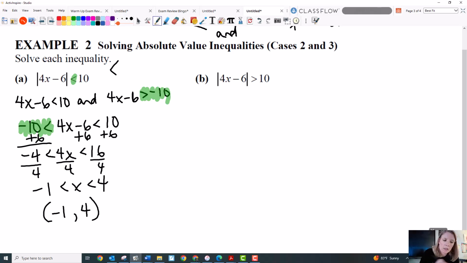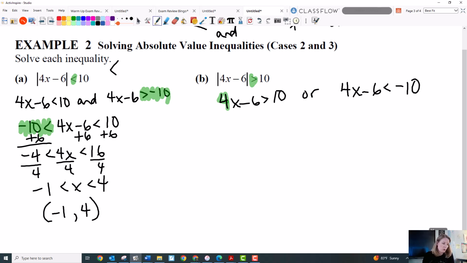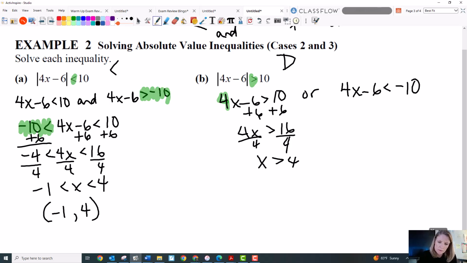Now this one, that looks like a D. So that's nice. That's 4x minus 6 is greater than 10, or you leave this kind separate. 4x minus 6 is less than negative 10. And you just solve them separately. I definitely did that wrong in my notes. I'm looking at my notes and I'm like, I didn't get that. Divide by 4. So x is greater than 4. D. Dis. Yeah, I'm doing it right.